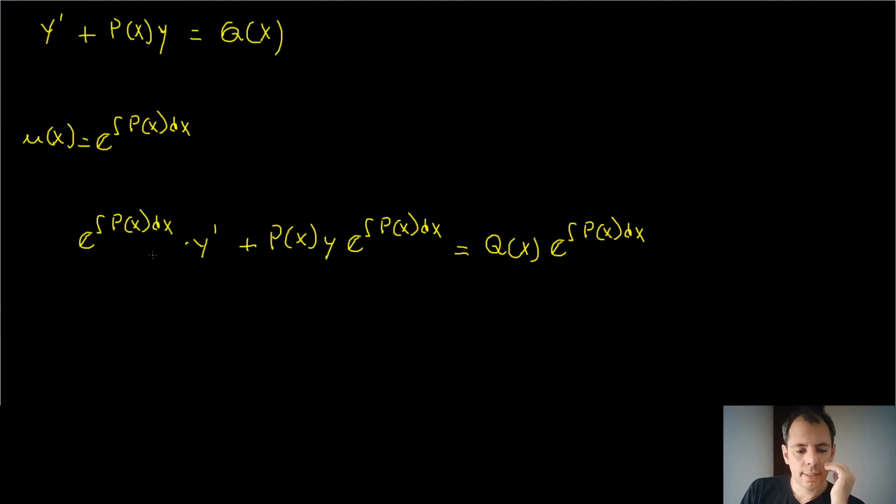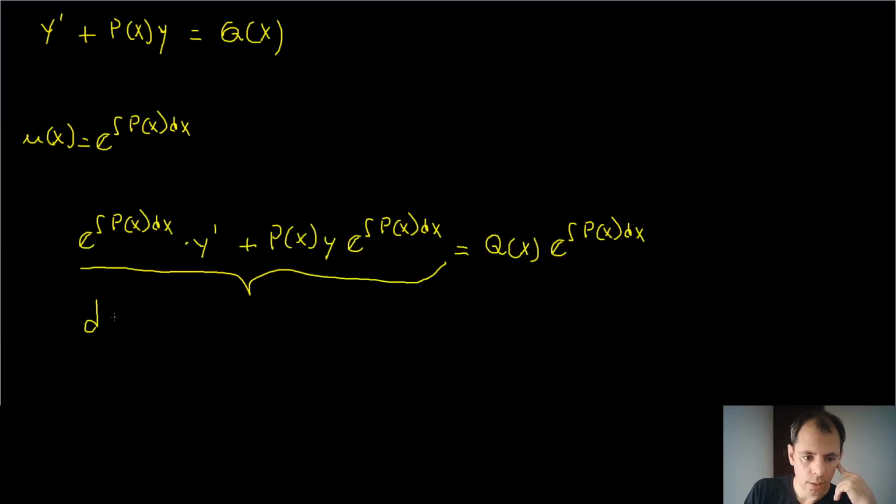So nothing changed, you multiplied everything. But look at this. Let's just say that you have, what do you have in here? This thing here is going to be the derivative of what? Of the first function times the second function, okay? It's going to be the derivative of e to the integral of p of x dx, okay, times y, which is also a function of x, right, with respect to x.